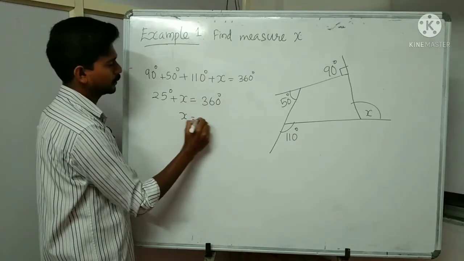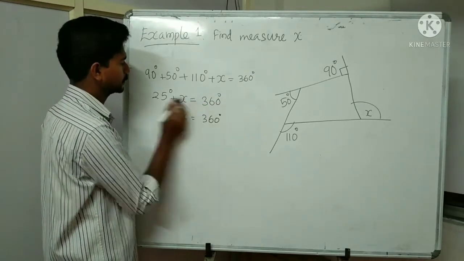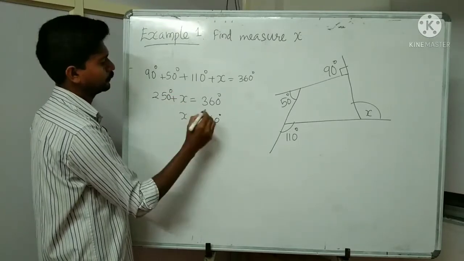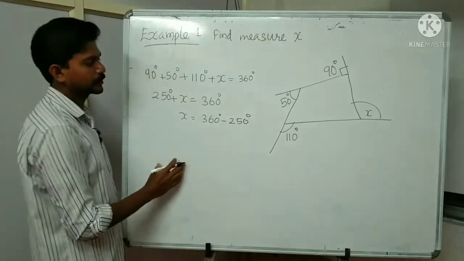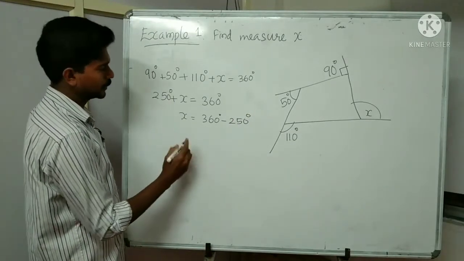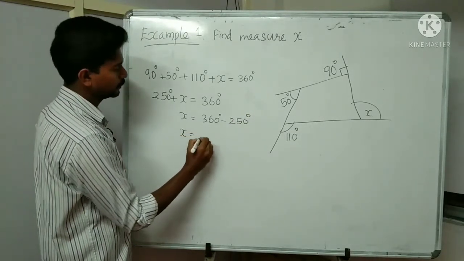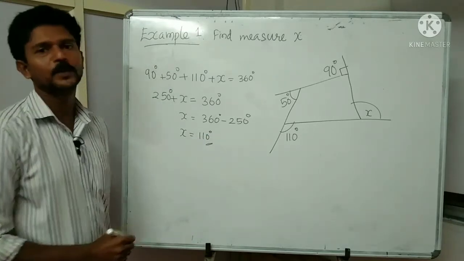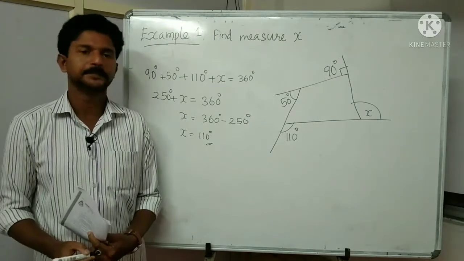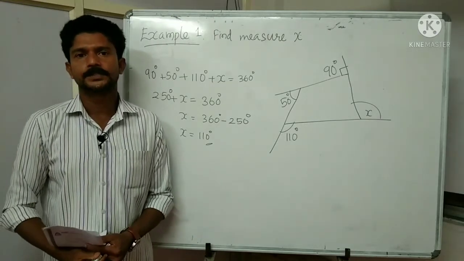So x is equal to 360 minus 250. When we subtract, we get 110. So x is equal to 110 degrees. Let us see another question.